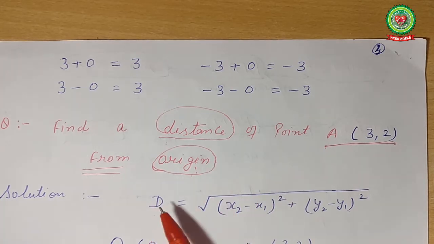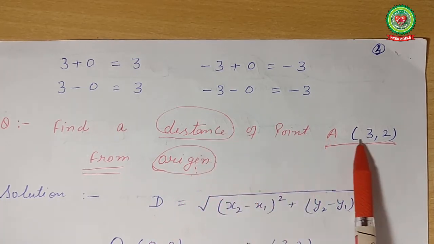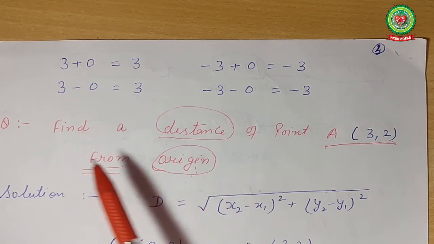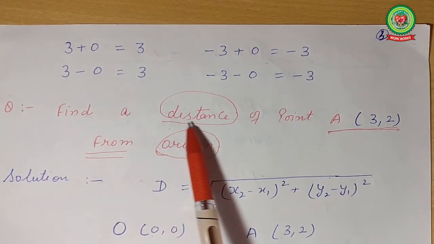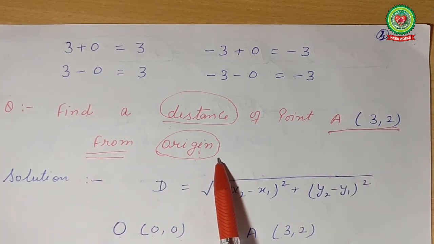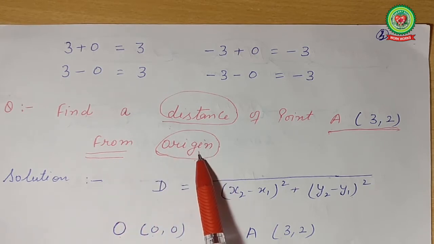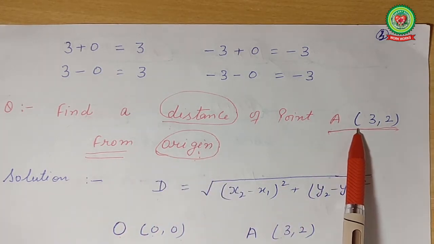Now, the type of questions we generally find is based on a point and the origin. The question is: find the distance of point A from origin. From means second minus first.